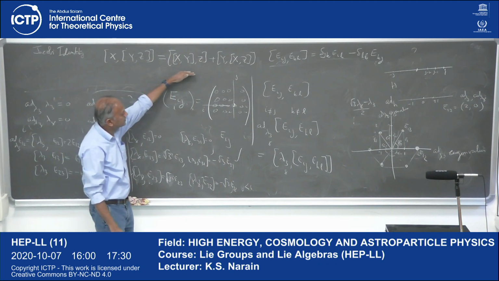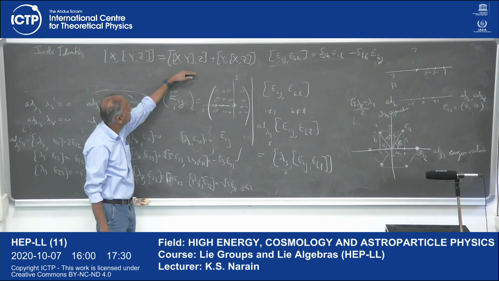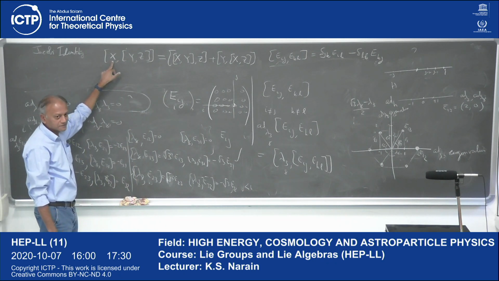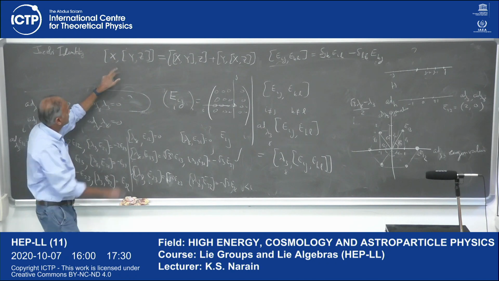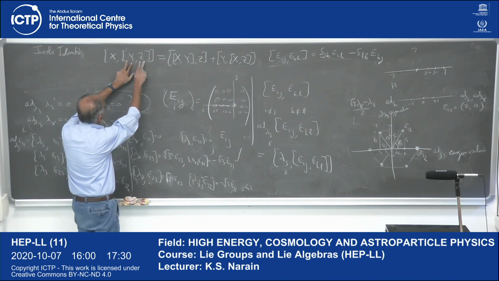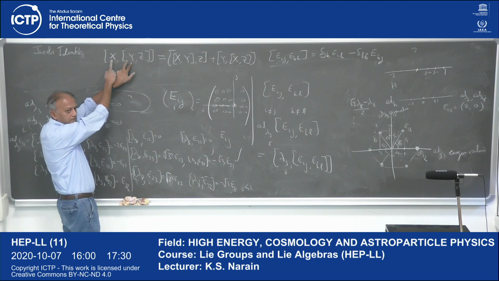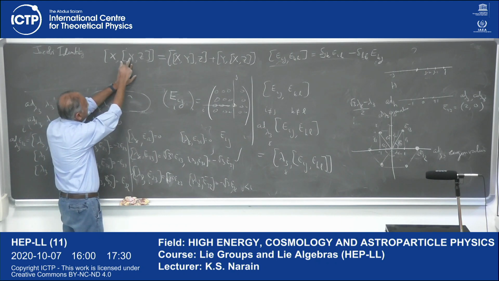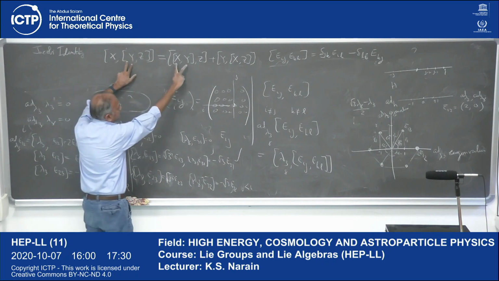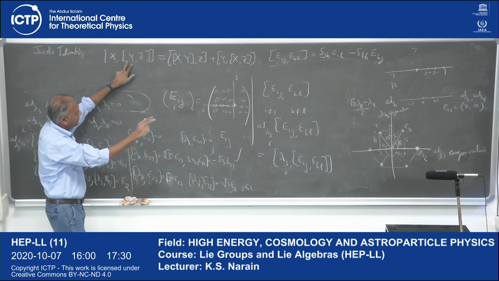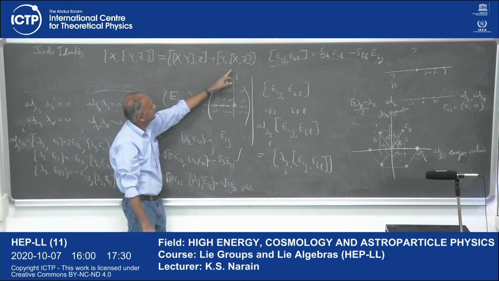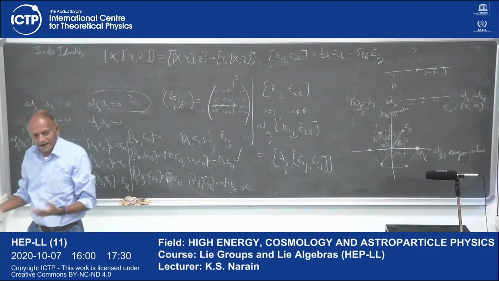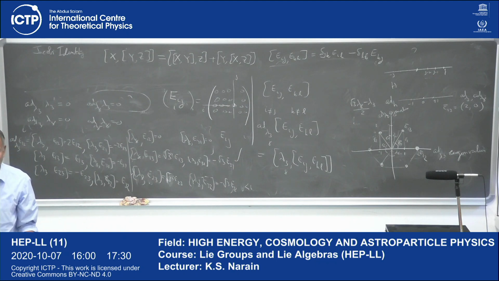The reason why this is easier to remember, at least I find it easier, is that this action is like a derivative. So we have two terms here. If you think of this as a derivative, then you use the Leibniz rule. It's like taking first the derivative of the first guy, which is this, xy, and then the derivative of that. In fact, mathematicians call this action a derivative.